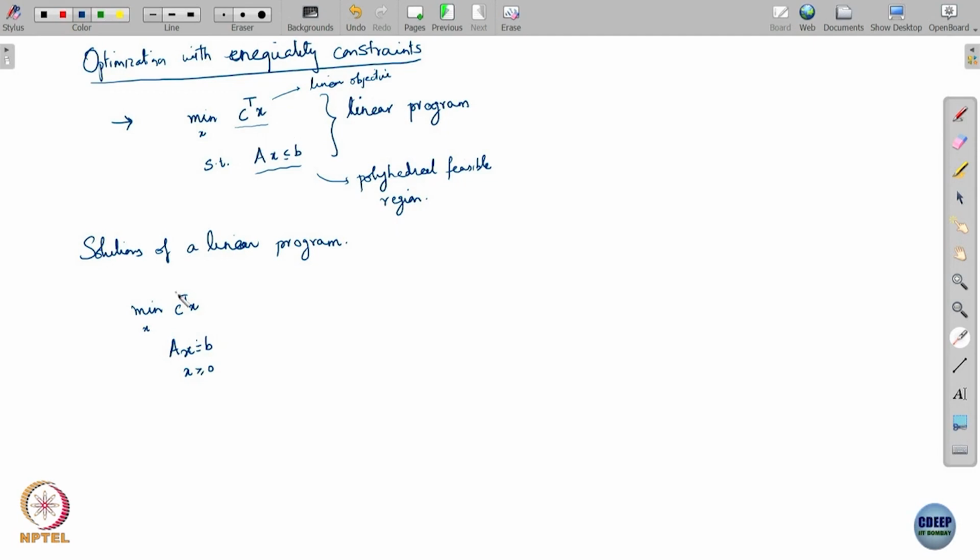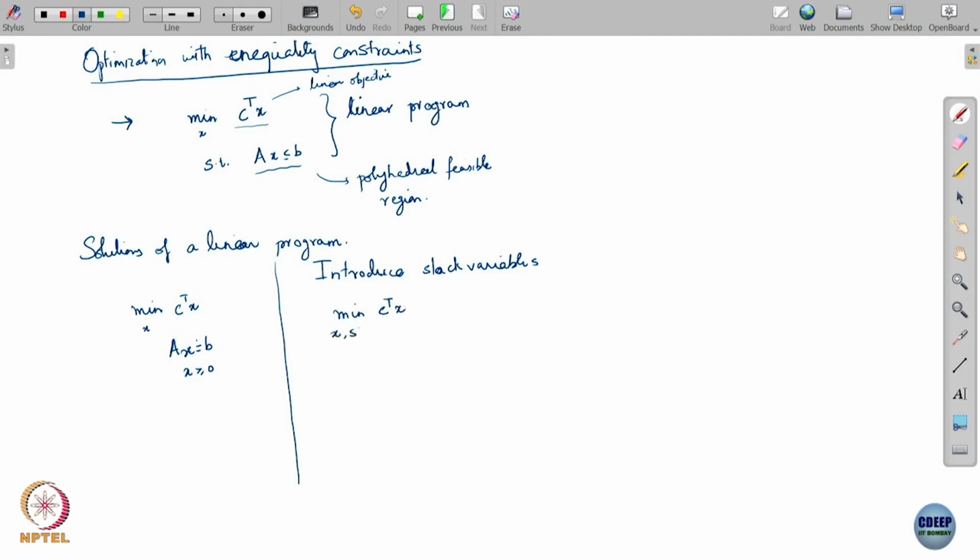The first thing we have seen is the introduction of slack variables, which lets you convert inequality constraints into equality constraints. So, let's introduce a slack variable s, and that gives you this equivalent optimization.